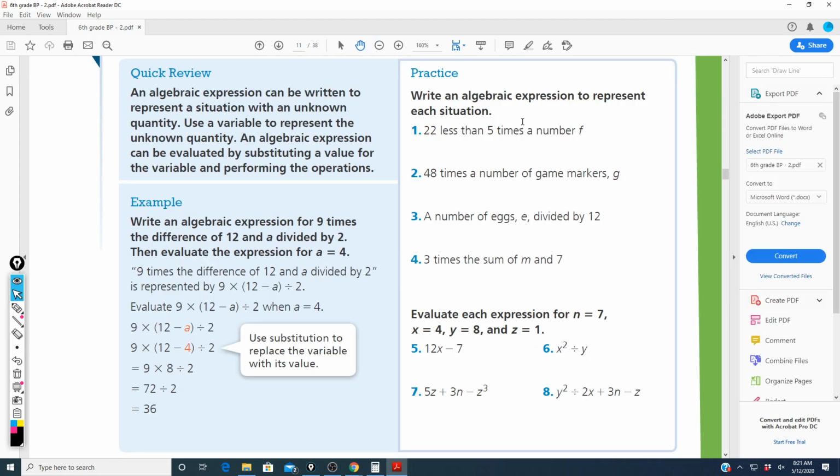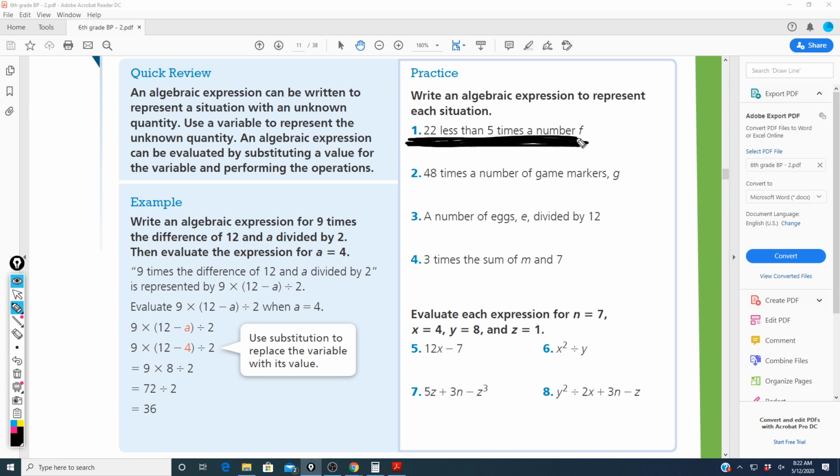So I'm going to roll through it quickly here, just to give a little bit of a review. You guys are really good with writing the algebraic expressions, and I know evaluating was a little bit of a tough thing, but it's okay. We'll deal with that. When we write an algebraic expression to represent each situation, the best thing to do, I've always said, and Miss Holden, everybody has said, is talk it out first.